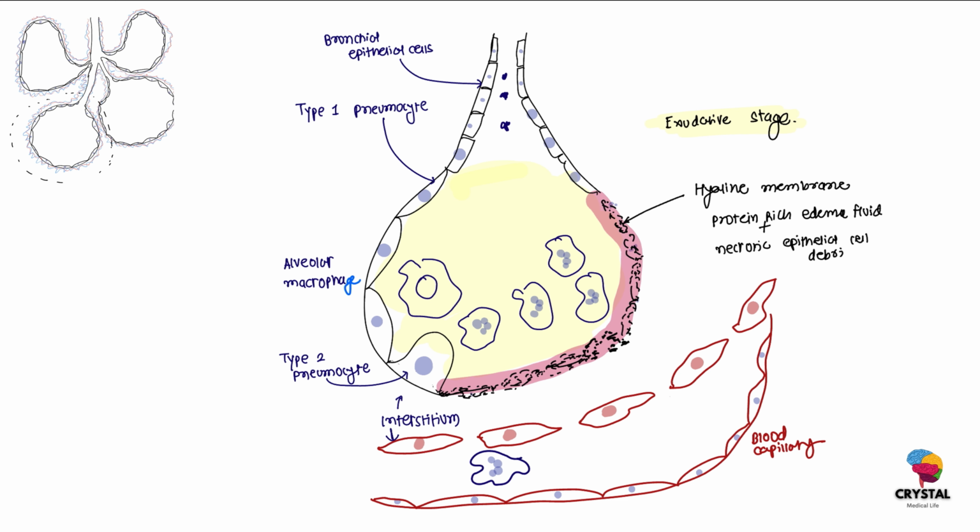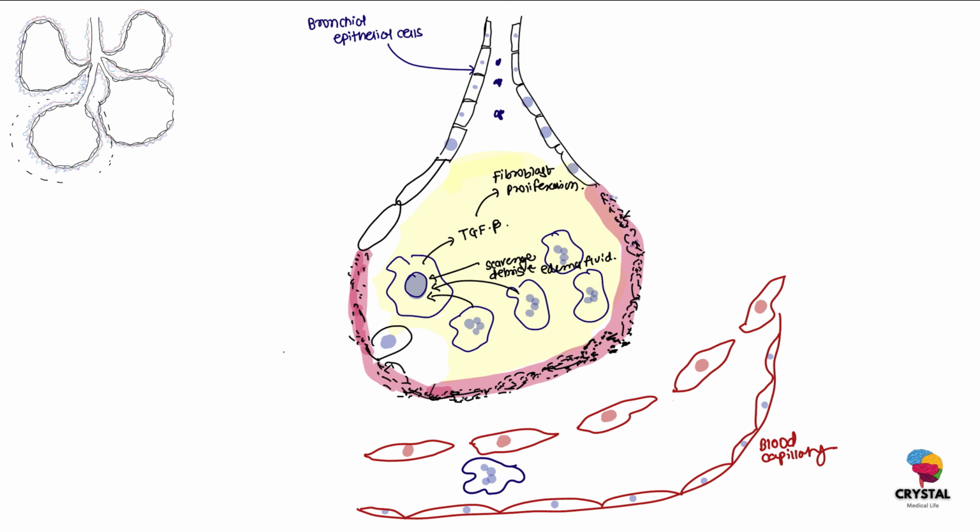Next step is fibrosis and impaired healing. If the inflammation doesn't stop here, the damage gets worse. The injured epithelial and endothelial cells can't heal properly, and this allows macrophages to release fibrogenic factors such as TGF beta and PDGF. This will stimulate the fibroblasts and cause fibroblast proliferation, causing collagen to be deposited in the alveolar wall, leading to fibrosis, a thickening and scarring of the lung tissue.